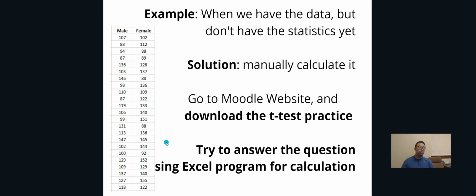So I will show you how to use those numbers. For example, these are some numbers by male and female. By using those numbers as two groups, we can calculate the t-statistic. So I will show you how to do it.